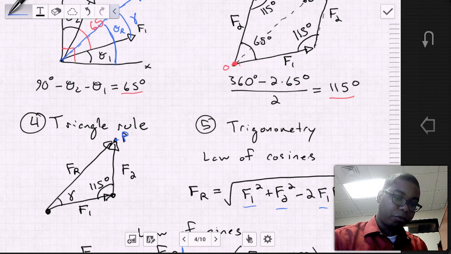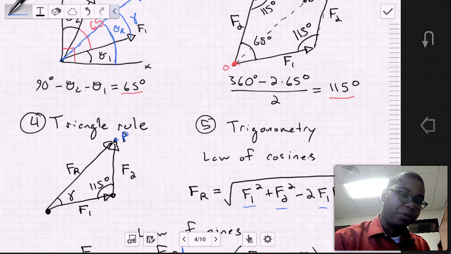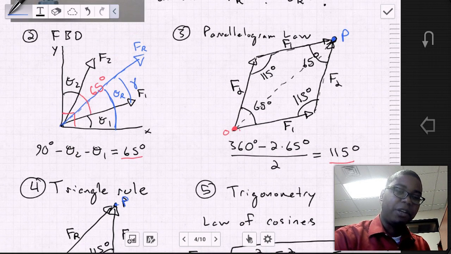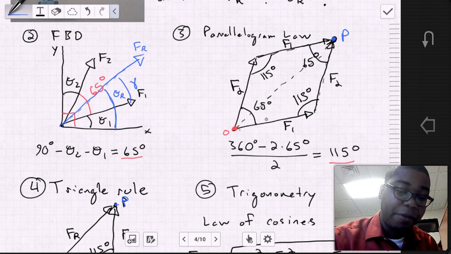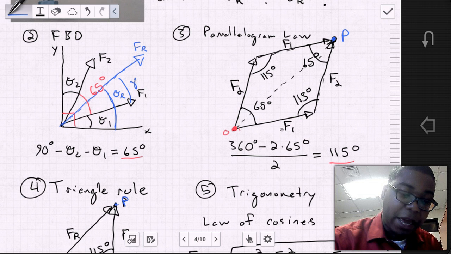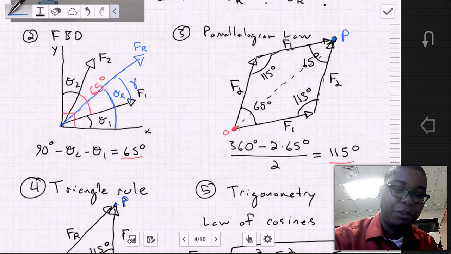Now, if we look at this triangle and compare it to the parallelogram law, we find that inside the parallelogram law, the angle between F1 and F2, when they're projected to each other, is 115 degrees.